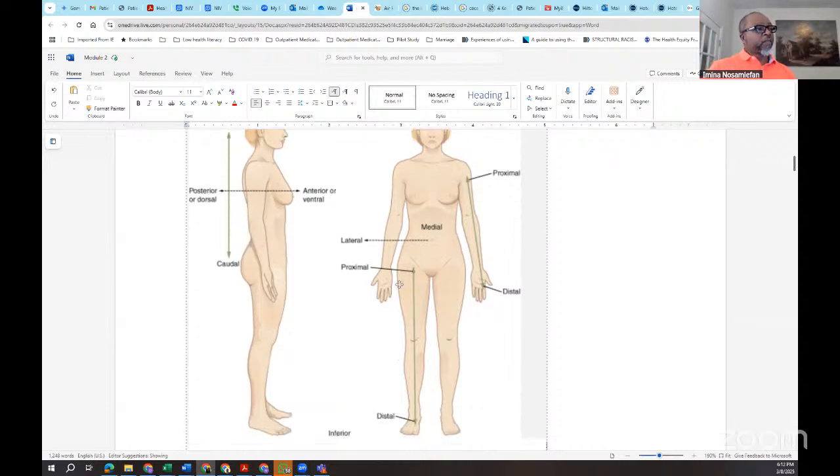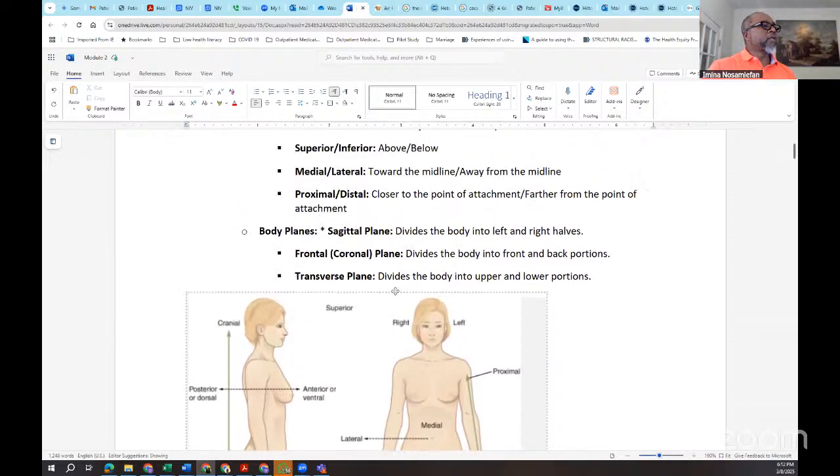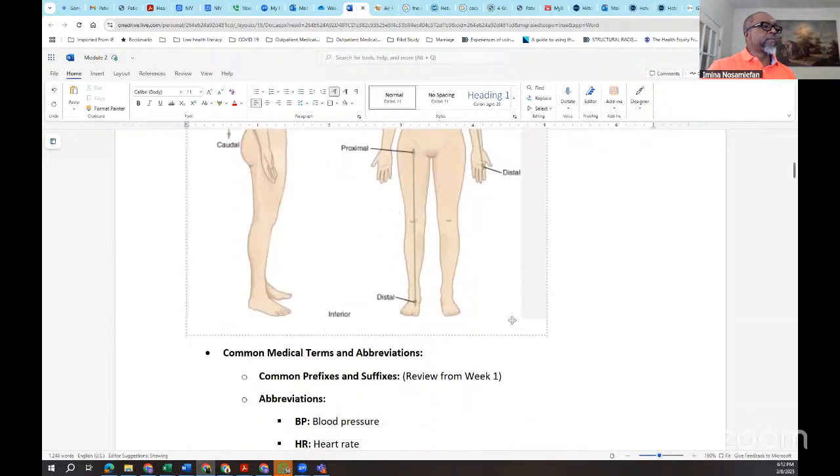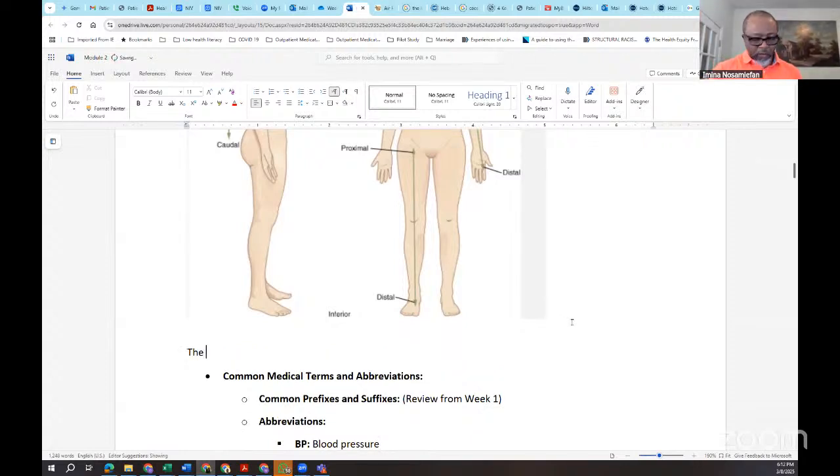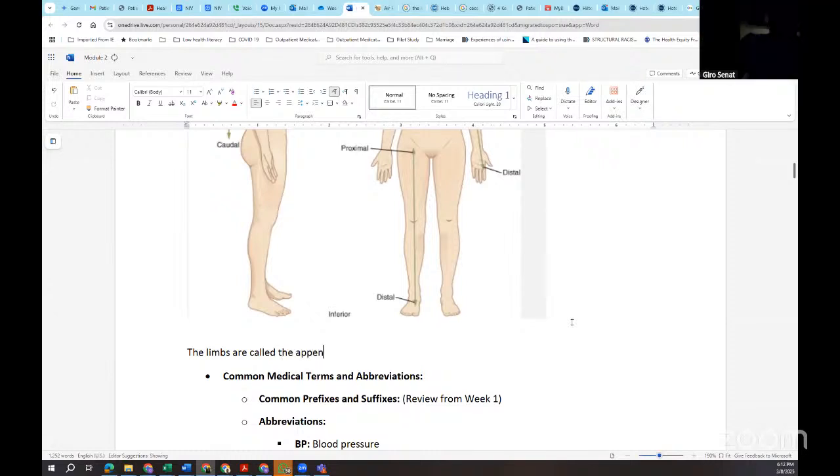So the limbs are called the appendages. Let me write this down here. The limbs are called the appendages.